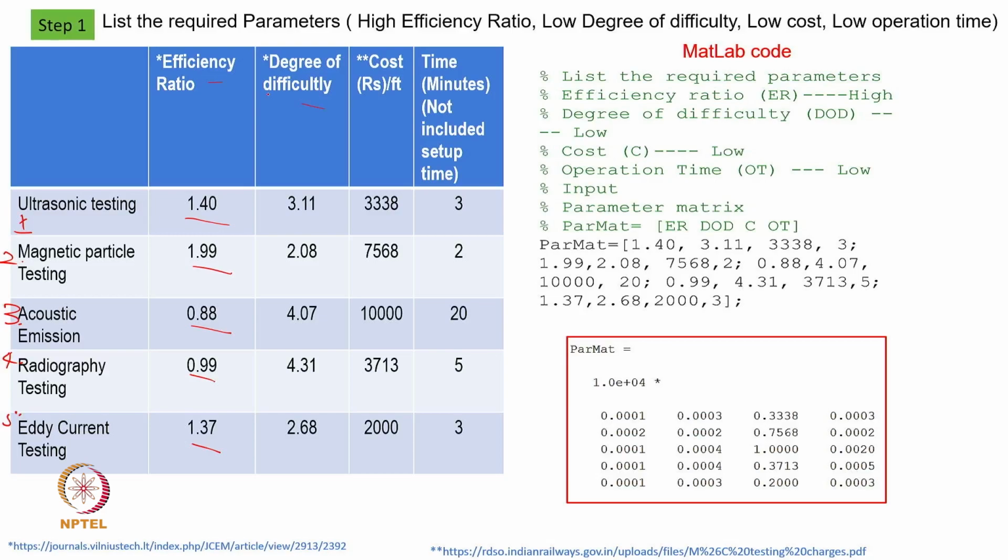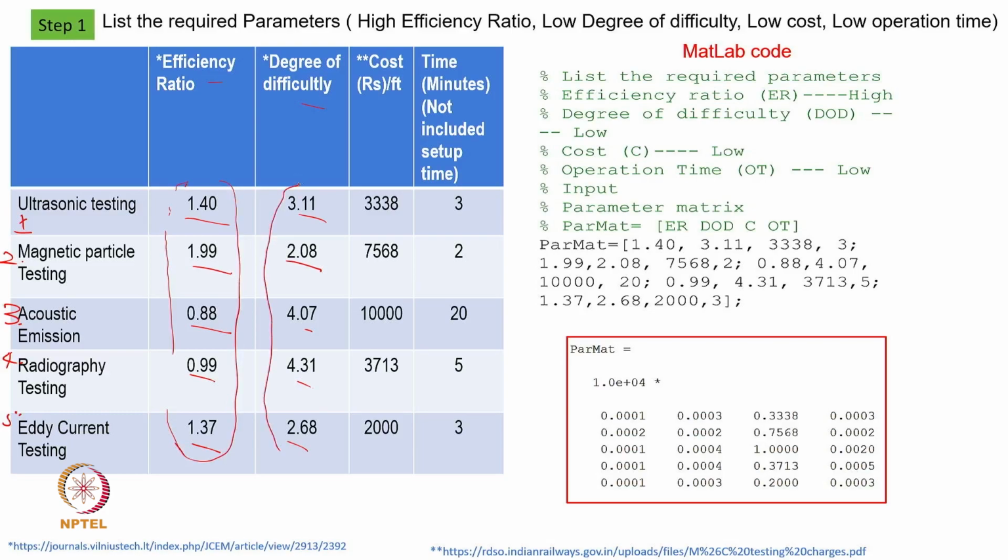Next one is the degree of difficulty, how difficult a method is to utilize: ultrasonic gets 3.11, magnetic particle gets 2.08, acoustic emission 4.07, radiography 4.31 and eddy current 2.68. Now, here if you see, we want this efficiency ratio to be increased for better results. However, the degree of difficulty needs to be reduced.